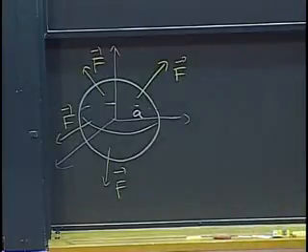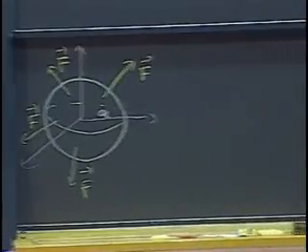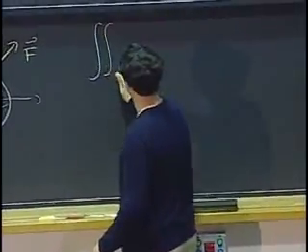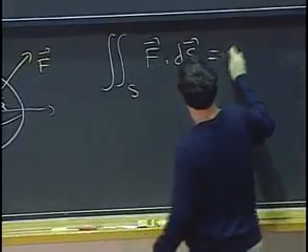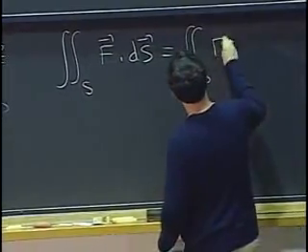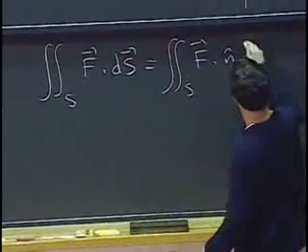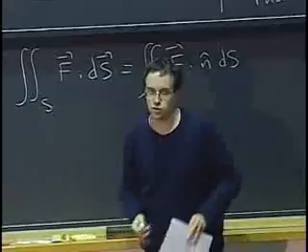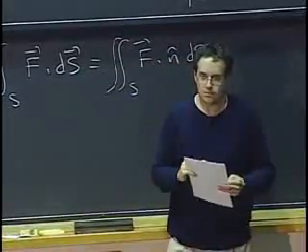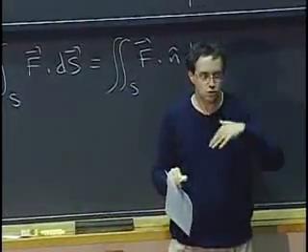Now I have to find the normal vector to the sphere if I want to set up the double integral over the sphere of f dot vector dS, or if you want, f dot n dS. So what does the normal vector to the sphere look like? Well, it depends, of course, whether I choose it pointing out or in.